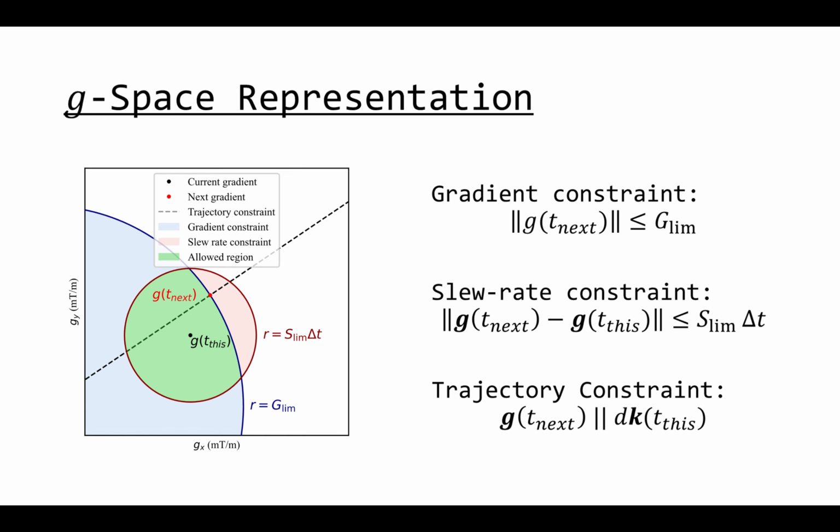Beyond these hardware constraints, we also want the gradient vector parallel to the current trajectory tangent. It might sound weird at first glance, so let's take an example. If you are driving a car on some kind of trajectory, you are supposed to make the car parallel to the path that you are driving on, or your car will likely be off the path. So the same rule applies to the k-space sample.